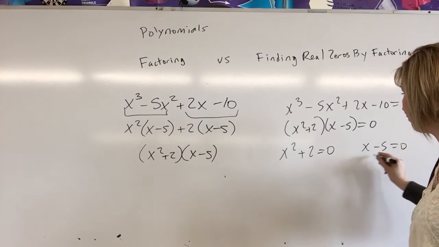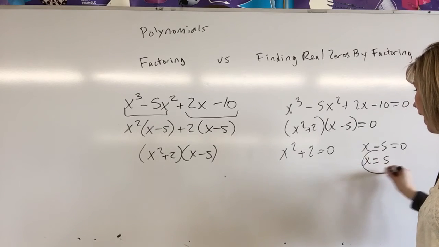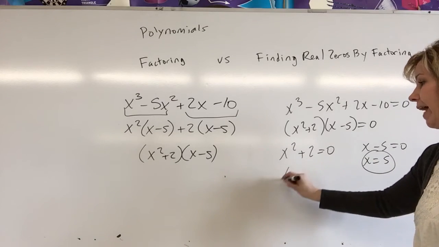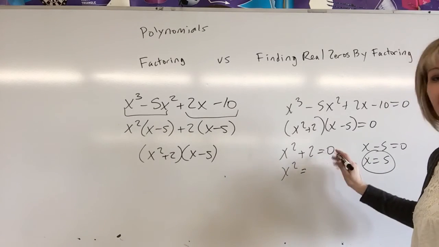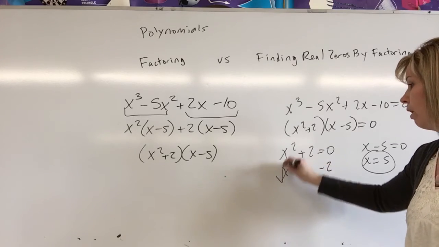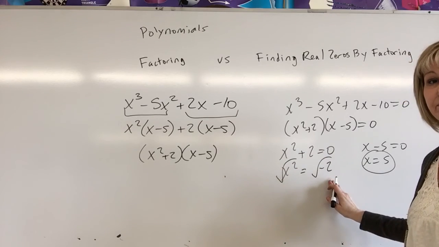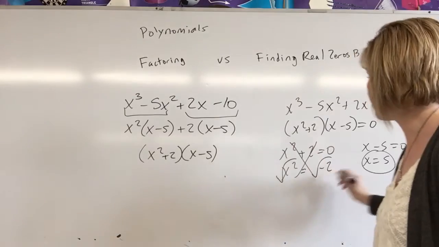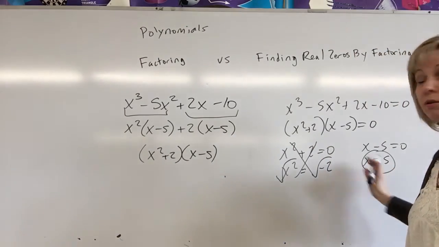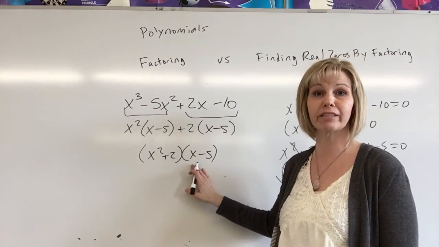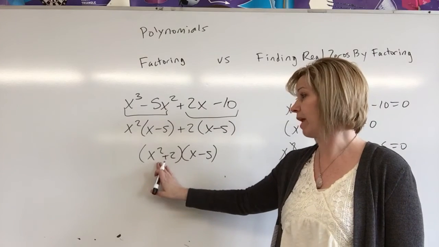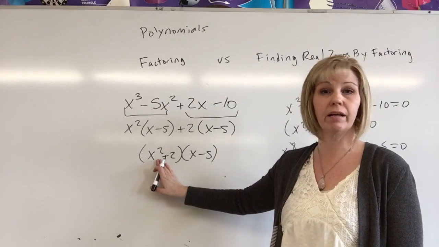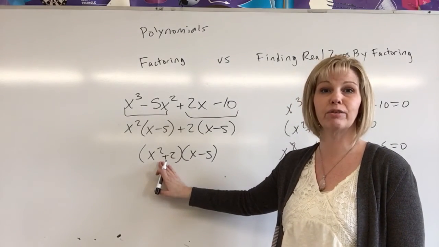We just have to add 5, and we get x is 5. Okay, again on this one, subtract 2, we get negative 2. What's the square root of a negative? Okay, it's imaginary. So this one only has one real solution. It comes from the linear factor of x minus 5. If it's a plus with a squared, that is going to be an imaginary solution.